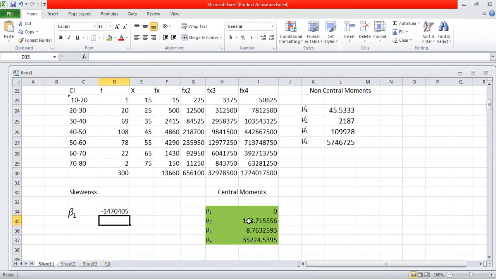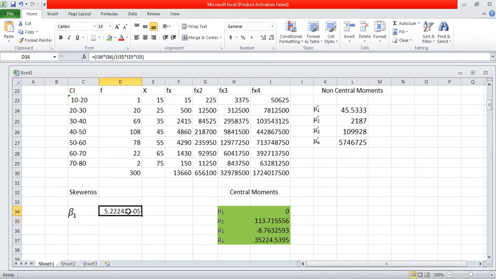Somewhere the formula is wrong. Beta 1 is equal to mu3 square by mu2 cube, mu2 into mu2 into mu2. So we get the beta 1 value as 5.22. If you observe, this value is greater than 0.